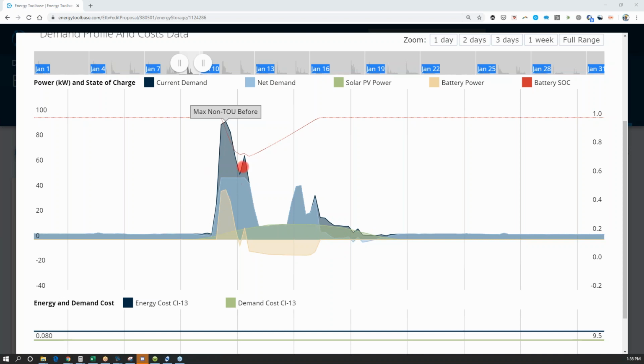And then we've also learned that the battery is large enough to approach this early day in the month and level its demand. And to me, it looks like it's kind of spot on because we've been able to take out the first big peak and maybe the second peak. And really, if I was looking at the next size down, it might range from 95, 90 kW down to 75.